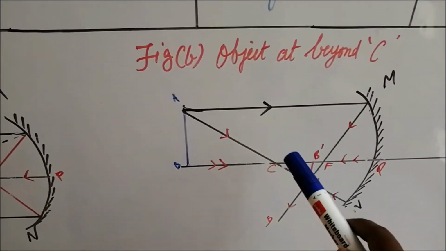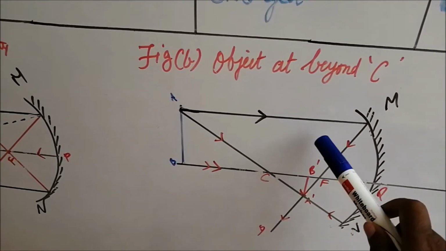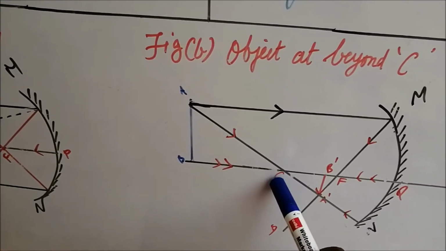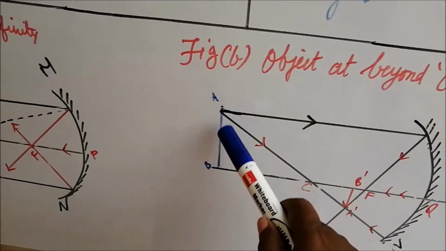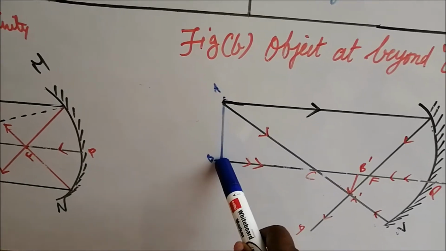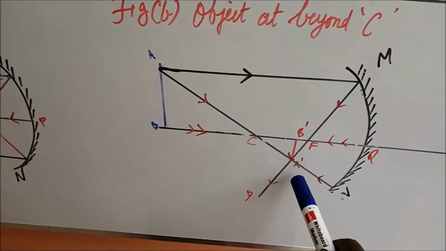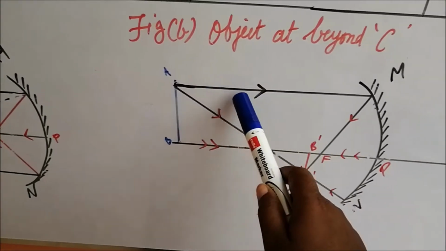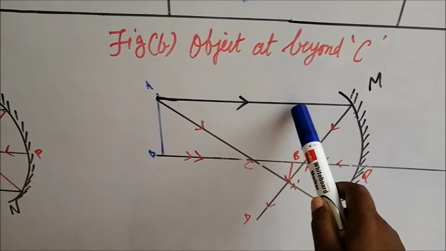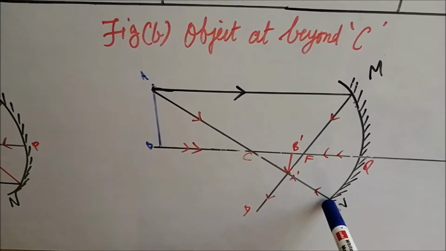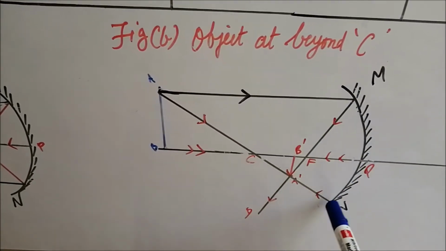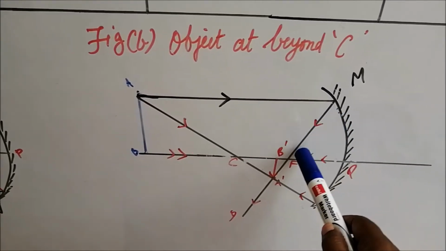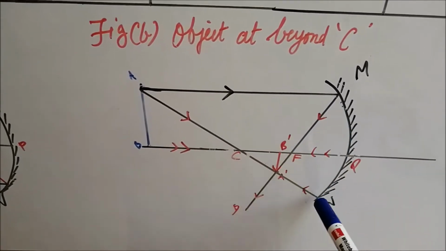Here the figure B represents object beyond C. See, this is C, that is center of curvature of the mirror. The object is placed beyond C. We are getting the image between C and F. So this is the ray which comes from the object, and these rays are getting reflected from the mirror. We can recognize from the direction of the arrow mark.